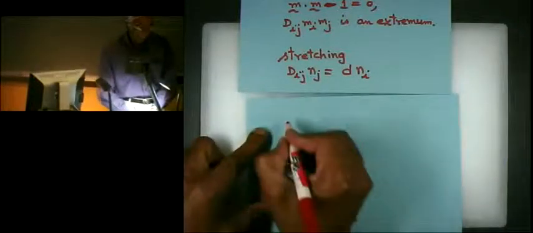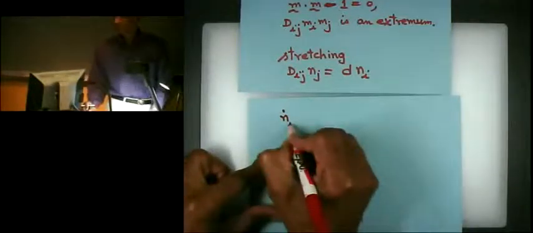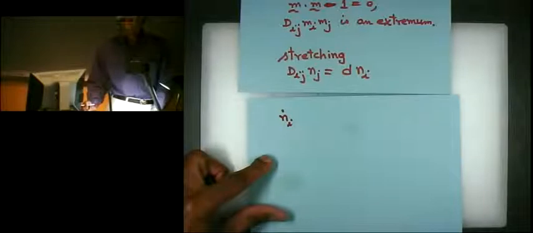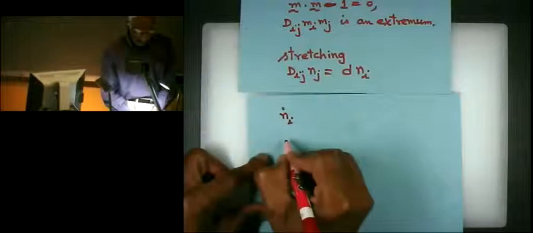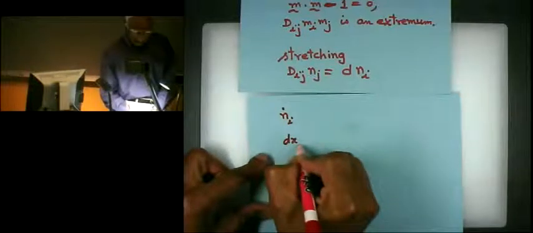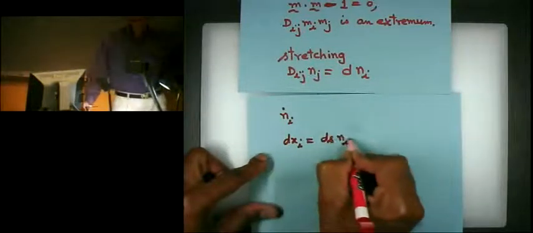So what else can we say? Now let's say n is an eigenvector of D. Then what will happen to n dot? To find that, again we basically look at dxi, which is ds ni.